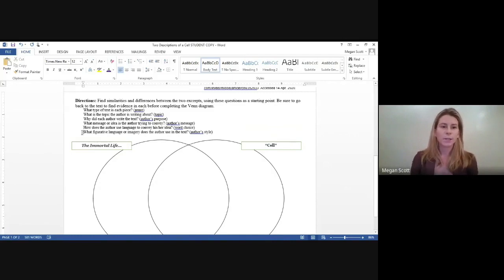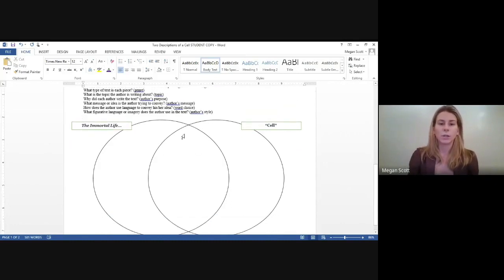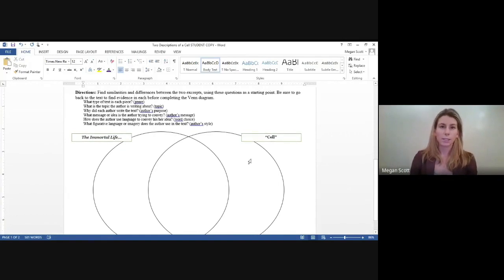And lastly, what figurative language or imagery does the author use in the text? That's again going into the author's style. You might find similar or different figurative language or imagery. So again, each answer, you'll either put it in the center if it's a similarity, or you'll have one on each side as a difference.